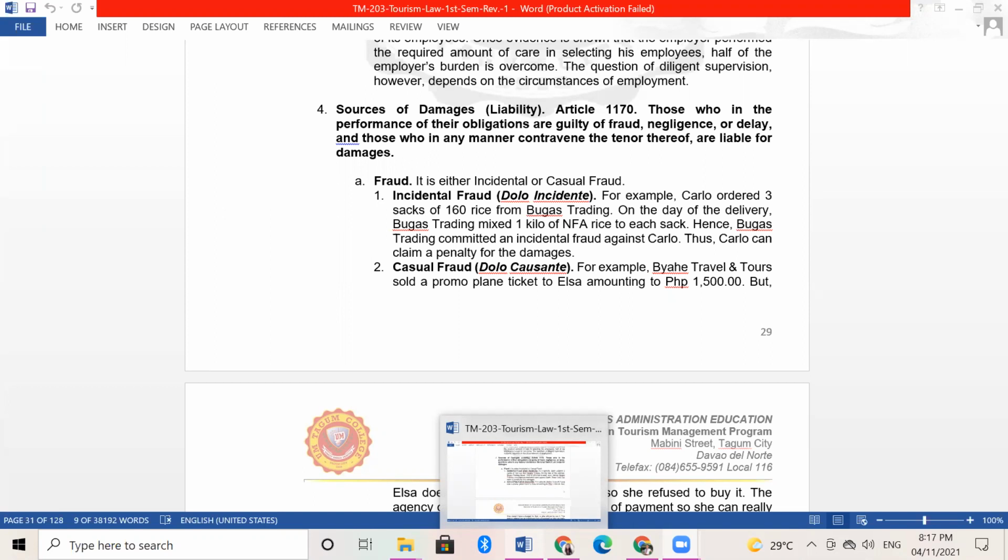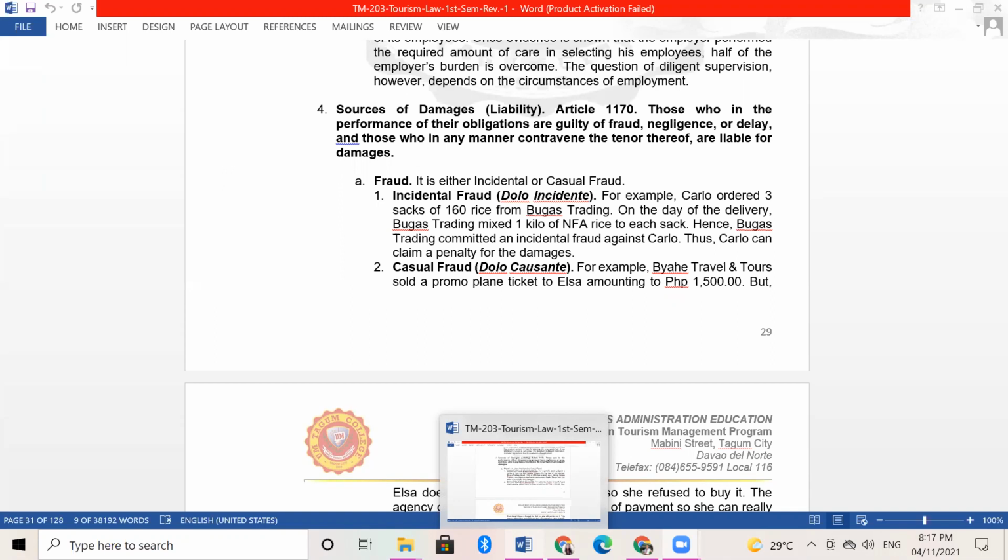Next is casual fraud. For example, Biyahe Trading and Tour sold a promo plane ticket to Elsa amounting to 1,500 pesos, but Elsa does not have a budget for that. So she refused to buy it. The agency offered her an installment type of payment so she can really buy the ticket at a very cheap price.